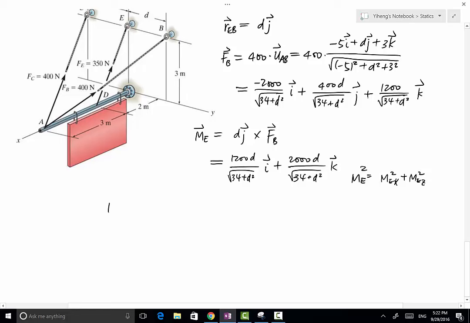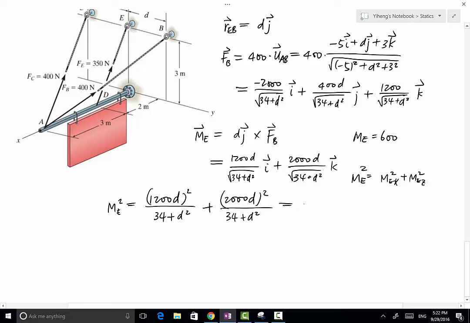Therefore, ME squared equals 1200d squared, but the denominator is simply 34 plus d squared, plus 2000d squared, and then the denominator is 34 plus d squared. But we know what ME is. ME equals 600. Therefore, this right-hand side equals 600 squared.